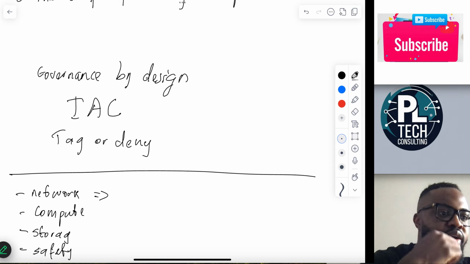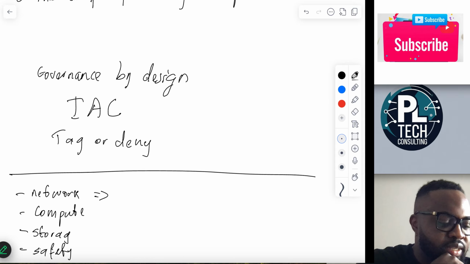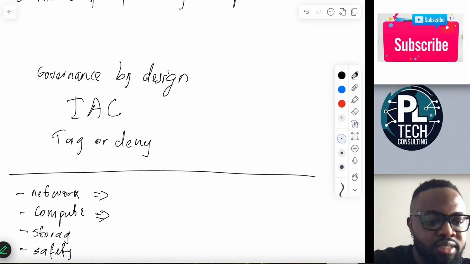So in the network area, what we'll be looking for here is maybe idle load balancers, Elastic IPs, endpoints, basically anything that is like a security hole, right? At the compute layer, we'll be looking at right-sizing resources, because it's not just about zombie resources. You don't want to over-allocate resources either.